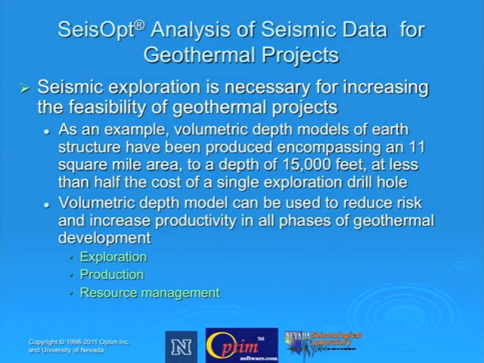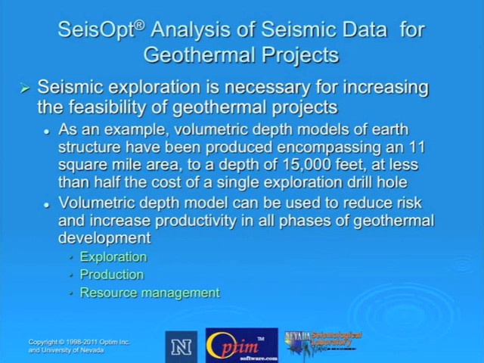All right, so some of our earlier work involved creating volumetric depth models of Earth structure, and they can be quite extensive. In one case, 11 square miles to a depth of 15,000 feet, and all that cost less than half as much as a single exploration drill hole.